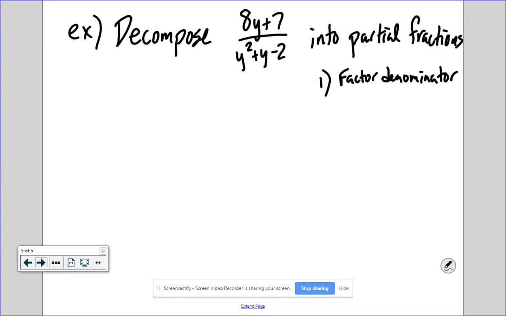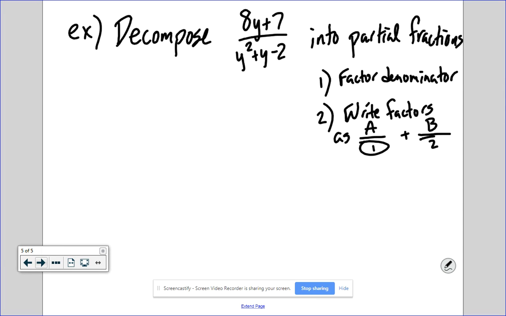Step 2 is to write the factors as A over your first factor, factor 1, plus B over your second factor, factor 2. Whatever you get from part 1.